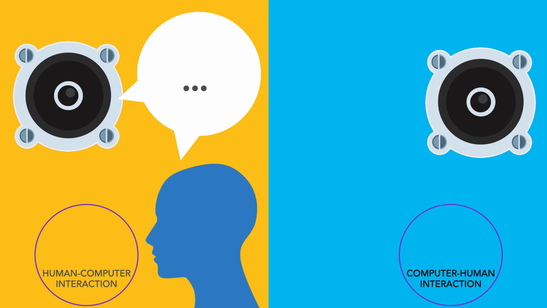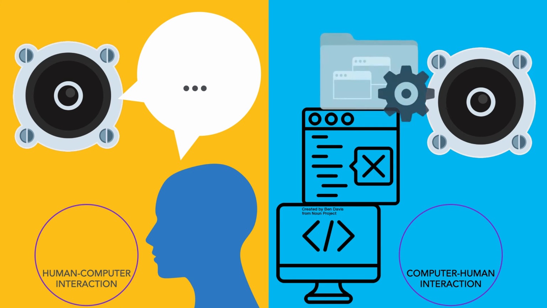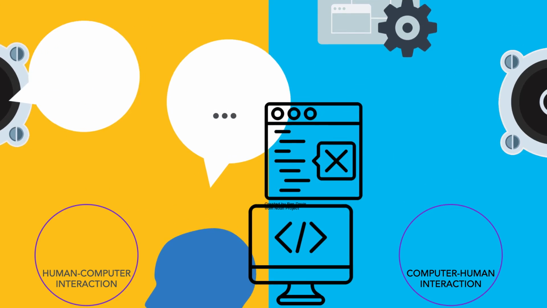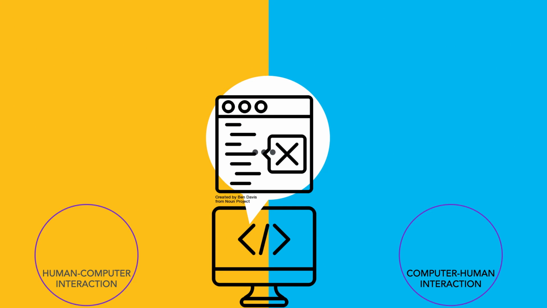Meanwhile, computer-human interaction would focus on things like coding, on the algorithms for processing voice commands and making intelligent predictions so that the assistant appears to be understanding and chooses the correct or approximate responses to provide back to the user. Now, obviously, we need both of these in order for the smart assistant to work properly.